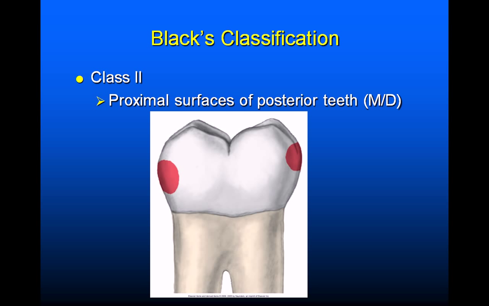So here we see both the mesial and distal side having red dots. Those red dots indicate a cavity. So again, class 2 is for proximal surface caries only on posterior teeth.